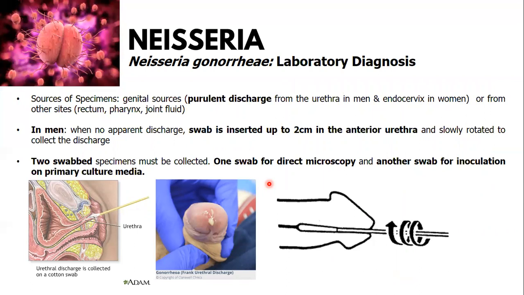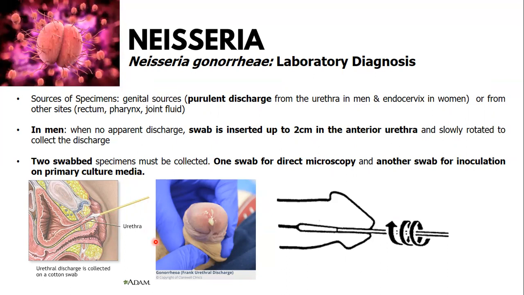Now let's talk about the laboratory methods for the diagnosis of Neisseria gonorrhoeae. So the primary sources of specimens for the diagnosis of Neisseria gonorrhoeae in the laboratory are genital sources, specifically purulent discharge from the urethra in men and endocervix in women, because these are the primary sites of infection.